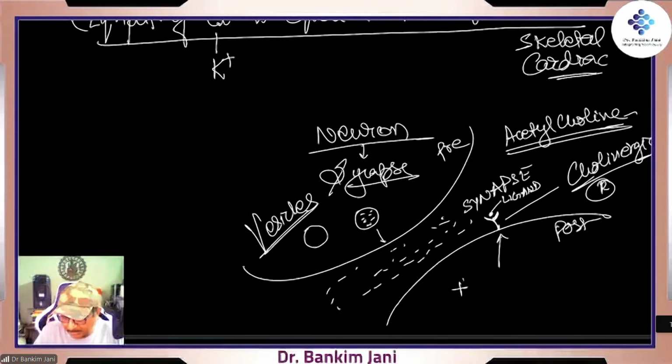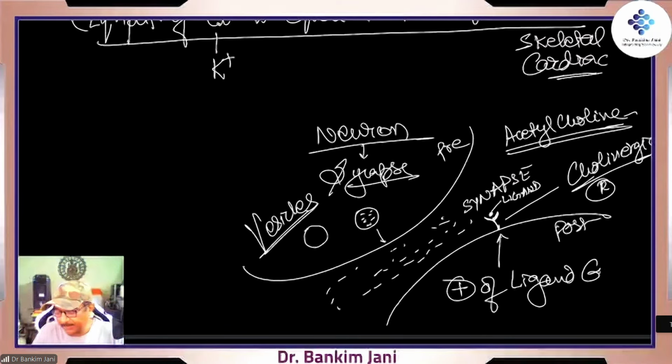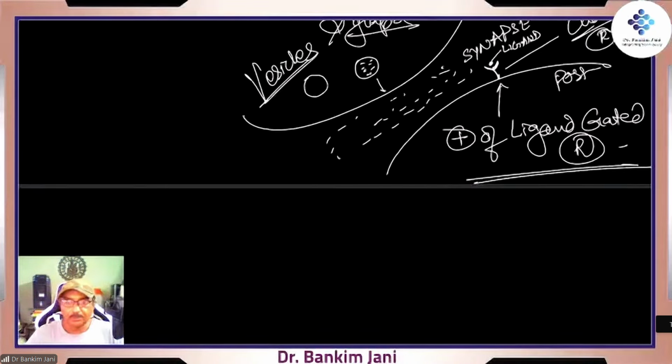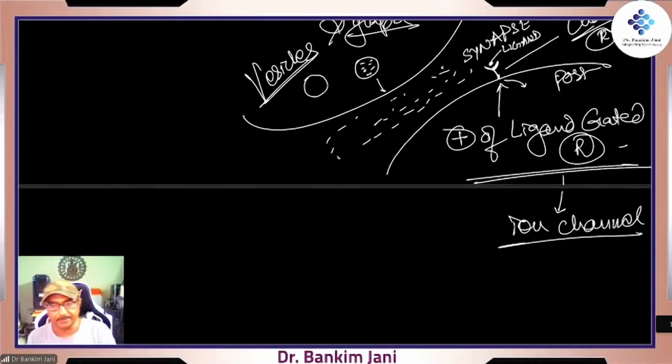So there is stimulation of ligand gated receptors. Simple, right? Crystal clear. And there are several. Every receptor sends a message inside, leading to some changes inside. It could be genes, it could be ion channels. So over here, as we said, the ion channels open.